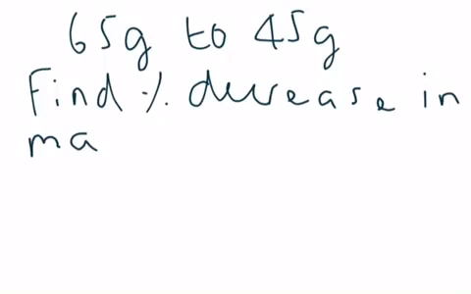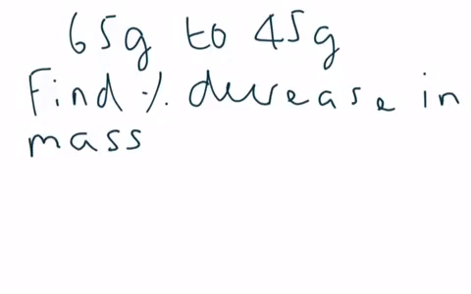We can see it's a percentage decrease because the absolute amount has decreased. 65 to 45, you're going down by 20 grams. But the question asks us to find the percentage decrease from 65 to 45. The way we do this in practice is essentially to take the new value and subtract the original value.